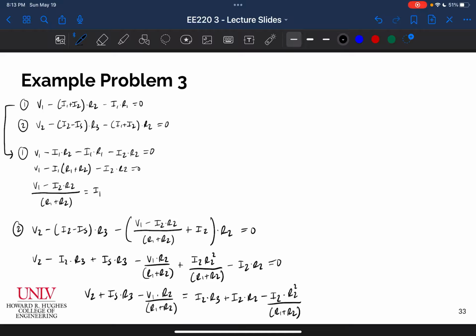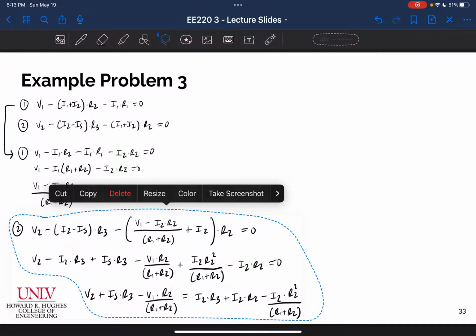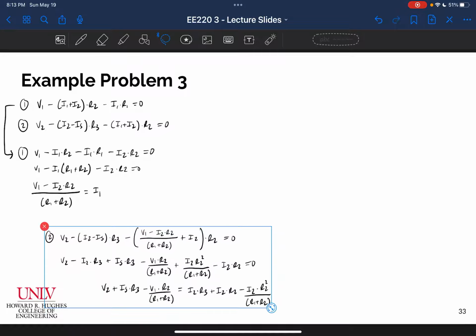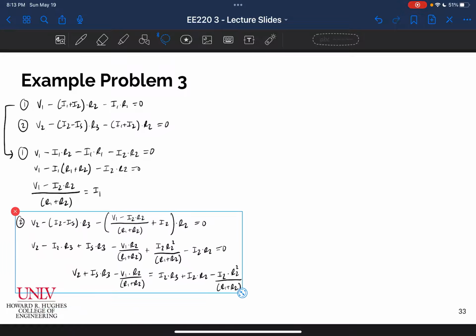Okay, so this is my equation, and I can actually just pull an I2 out of all three of these terms, and then I can go ahead and solve for I2. Okay, so I don't know if this video's gotten a little bit too long just yet, but let me shrink some of this so that I can make room for one more step here. Okay, that should be good.